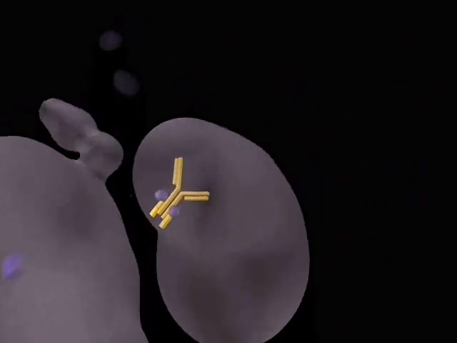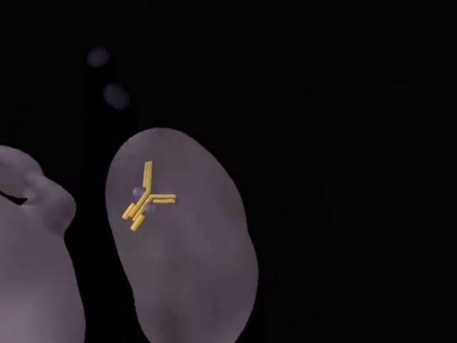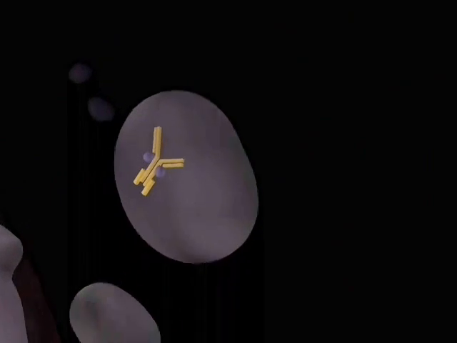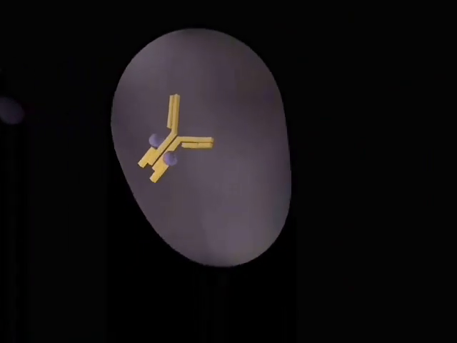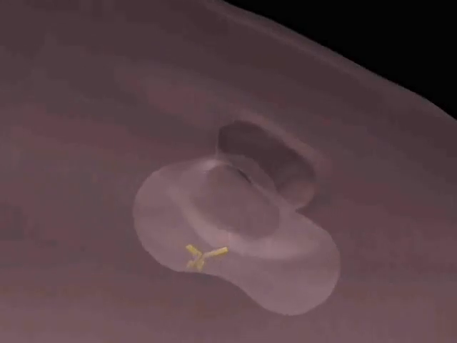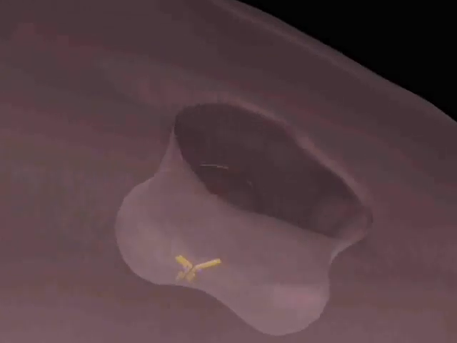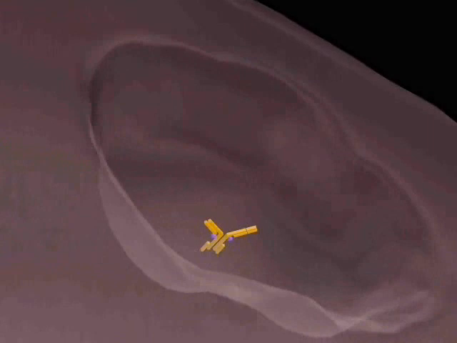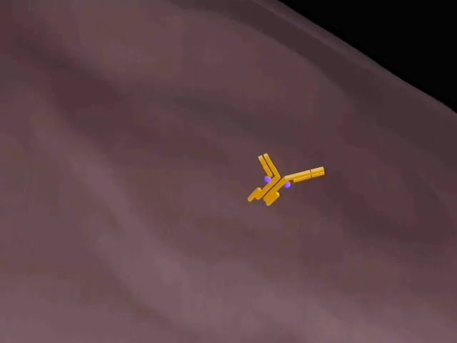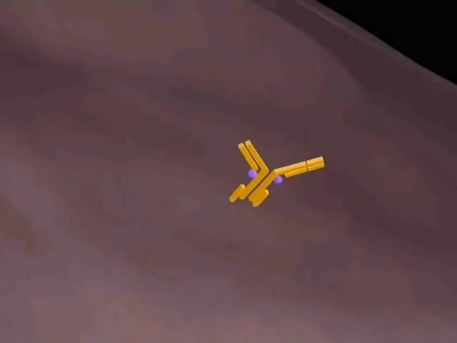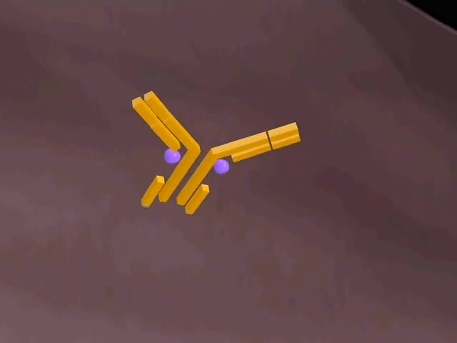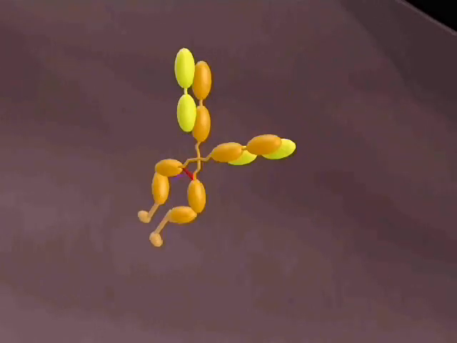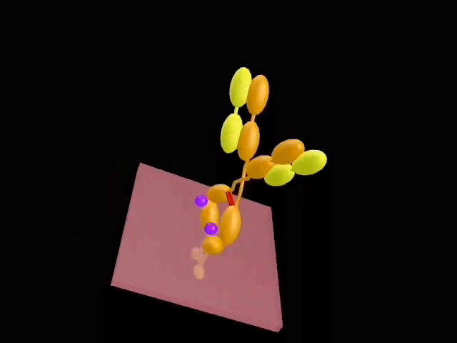Finally, vesicles containing the immunoglobulin bud from the Golgi body and migrate to the plasma membrane. At the cell surface, the immunoglobulin remains in the membrane, presenting its antigen-binding site to the outside. However, if the cell has produced secreted immunoglobulin, this is released as a soluble molecule into the lymph.